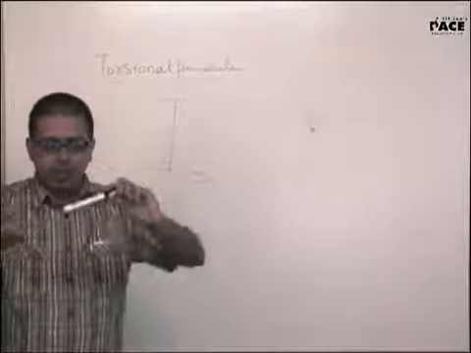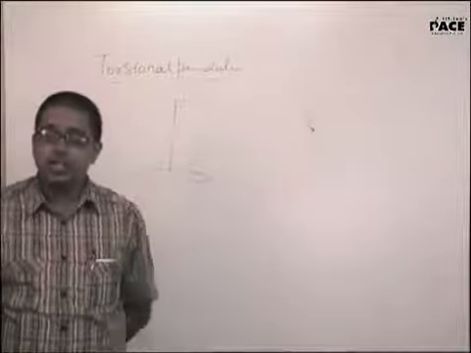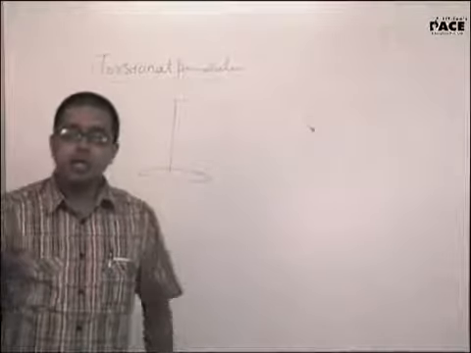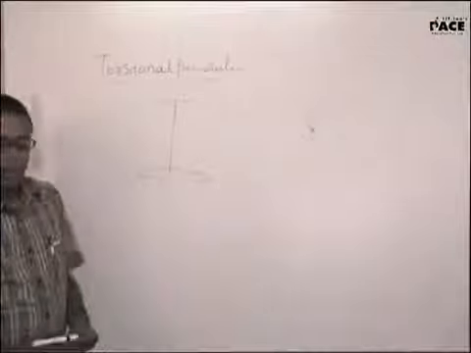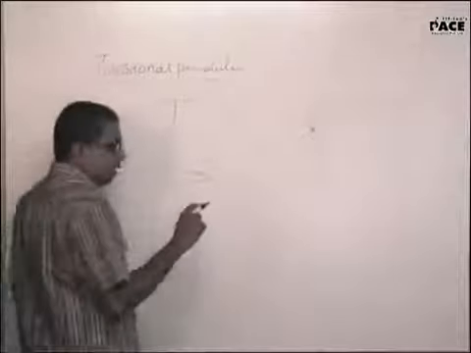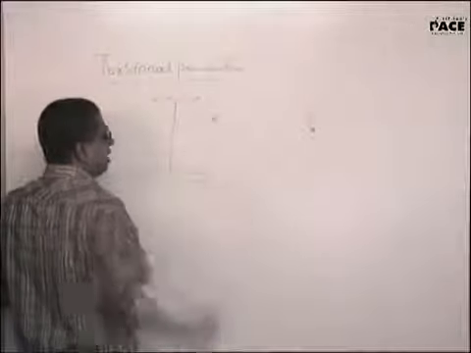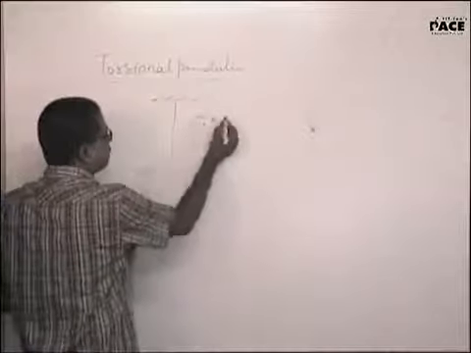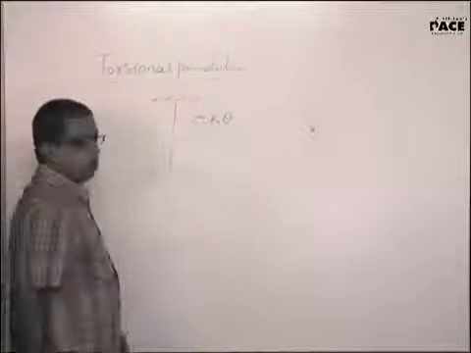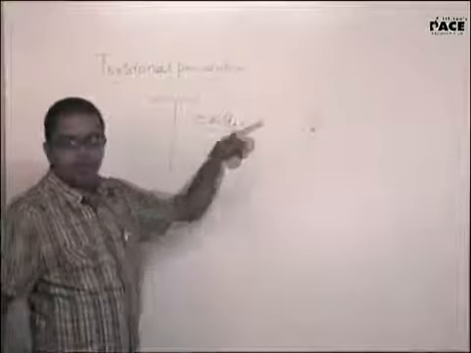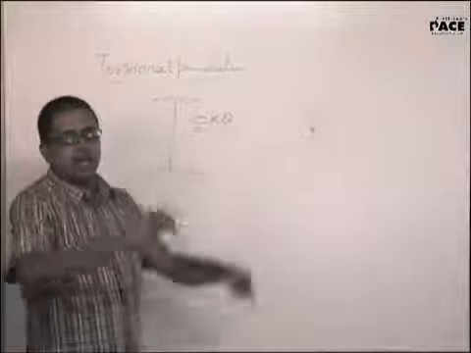When you twist a wire, there will be a restoring torque generated by the nature of the wire to regain its original shape and composure. Now for such a wire, the torsional constant will be K. That means torque produced will be K into theta, because torque produced is directly proportional to theta. Greater is the twist I produce, greater will be the restoring torque.